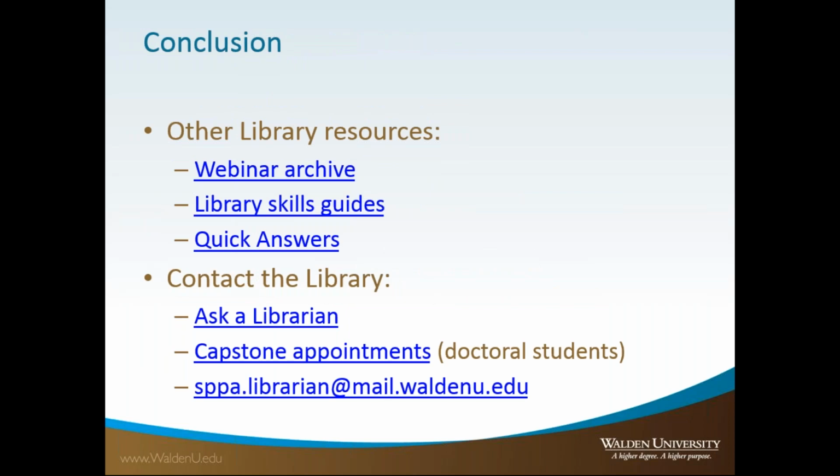But down here at the bottom of this slide, you can see my personal email address, which is spa.librarian@mail.waldenu.edu. And SPA, of course, is the School of Public Policy and Administration. So if you ever have any questions about anything, feel free to contact me there. I'm usually very responsive to email. Or, of course, you can submit a question through that main Ask a Librarian portal.